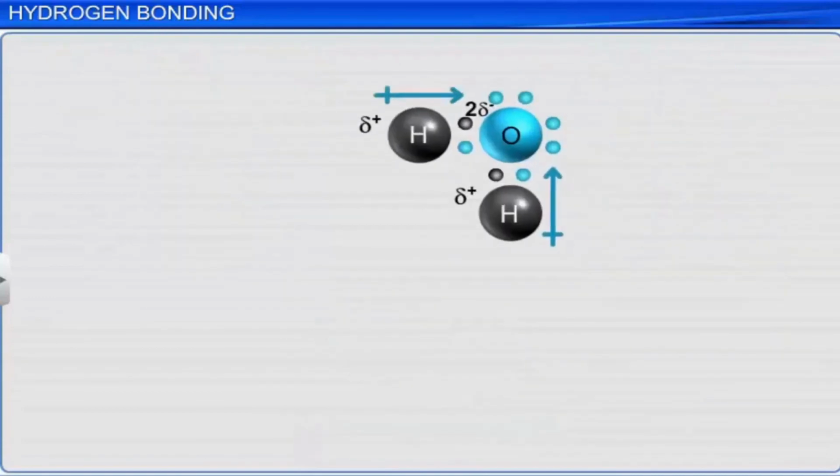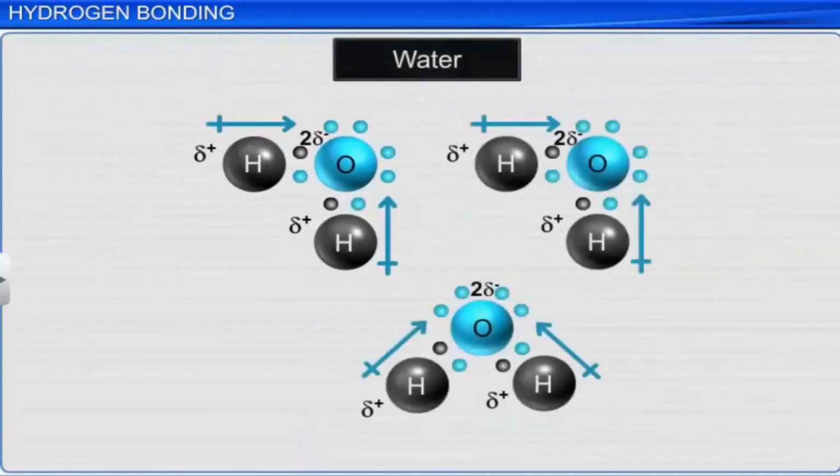When a number of molecules of these compounds are present together, the partially positively charged hydrogen atom of one molecule is attracted to the partially negatively charged electronegative atom of another molecule. This weak electrostatic attraction is called a hydrogen bond, which is weaker than a covalent bond.